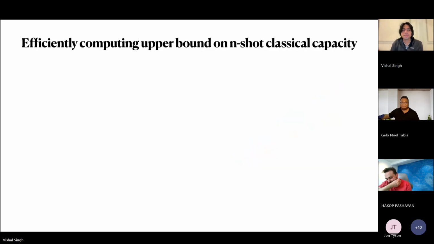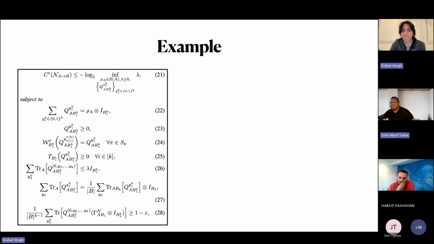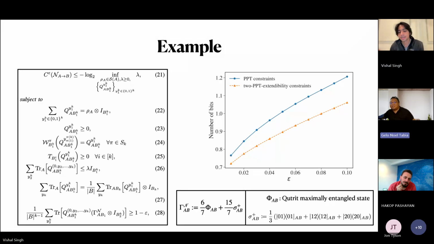Just to clarify, when you do this calculation, you do the extension on... for channels, then it's clear which you need to extend, right? Yeah, so we're only extending Bob here.